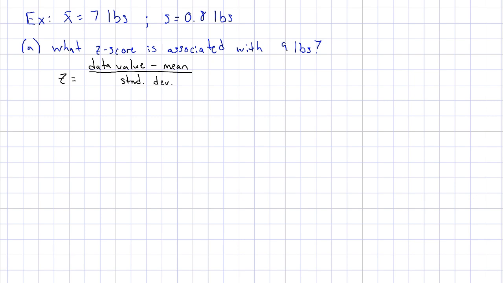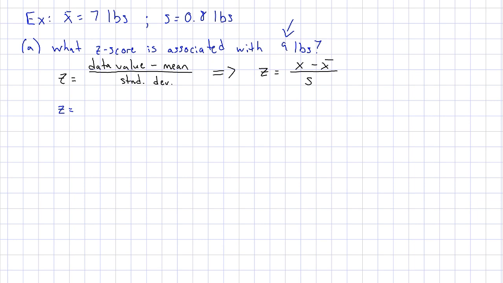If I wanted to write this using my mathematical notations, z equals x minus x bar over s. So I'm going to proceed with this example. The value of interest here is 9 pounds, and I know my mean and I know my standard deviation. So at this point is what we refer to as plug and chug. I'll put all the values into my formula and then I will get an answer.